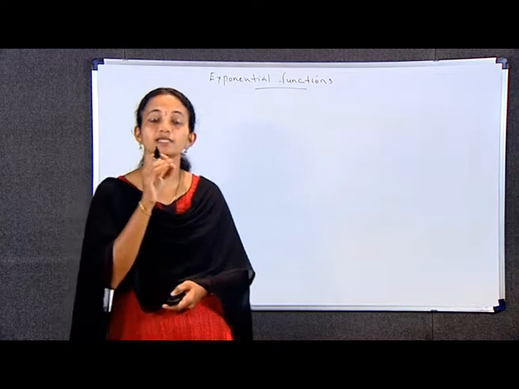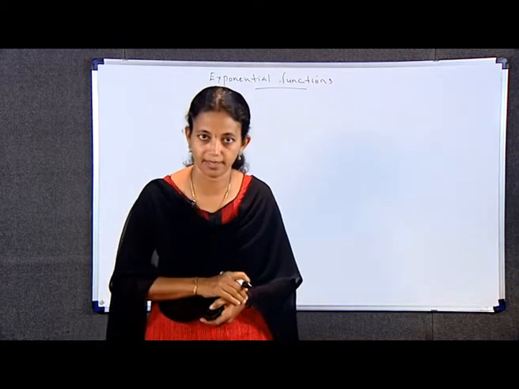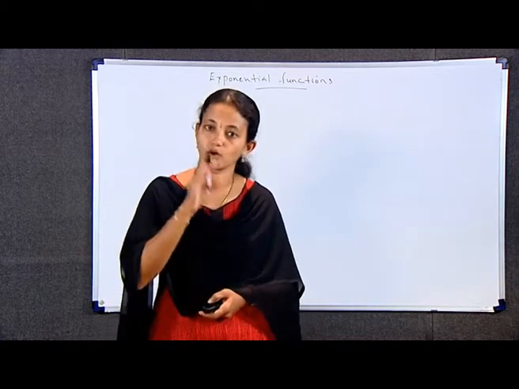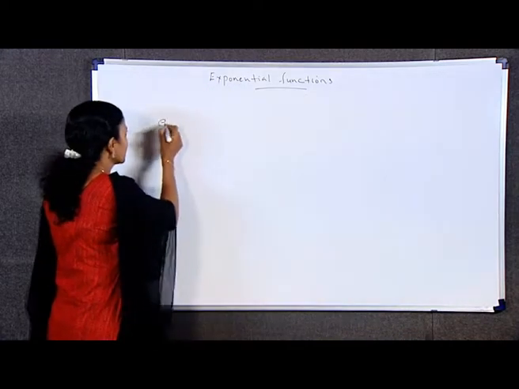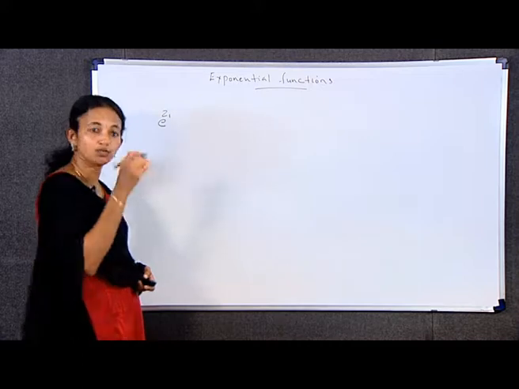That is, e raised to z1 into e raised to z2 we can write as e raised to x1 into cos y1 plus i sin y1.